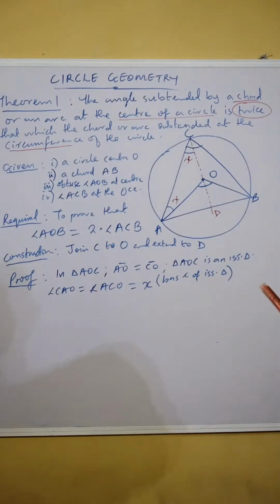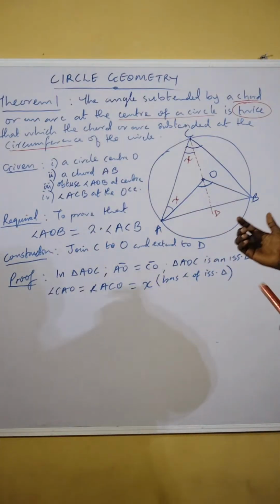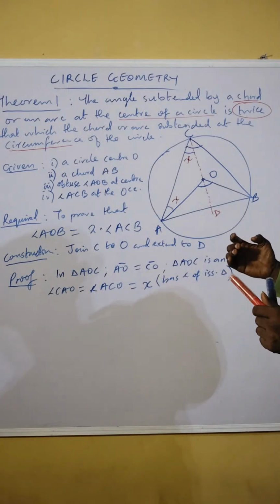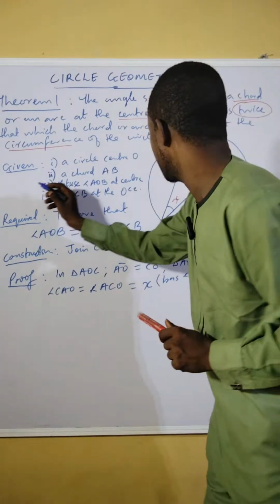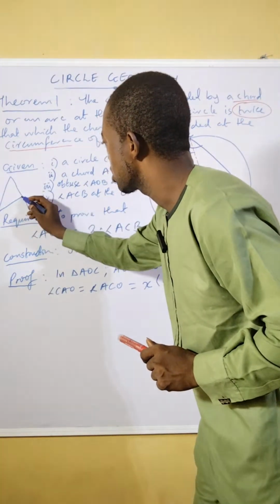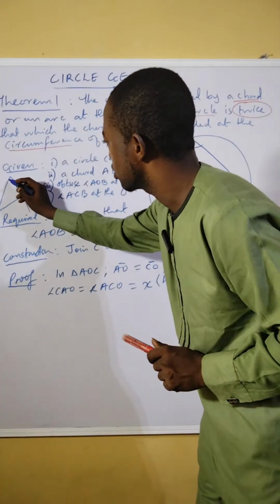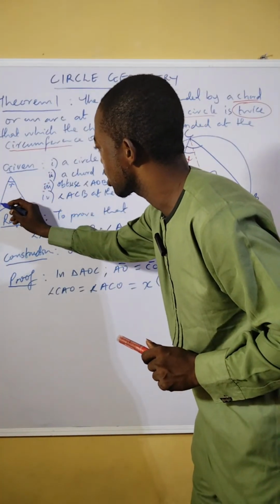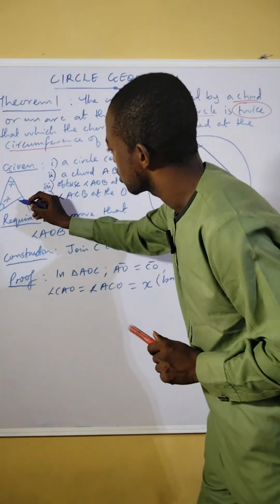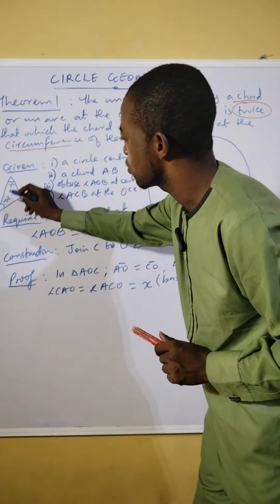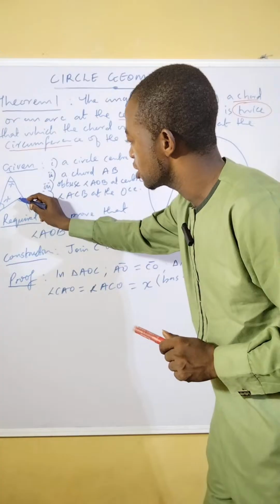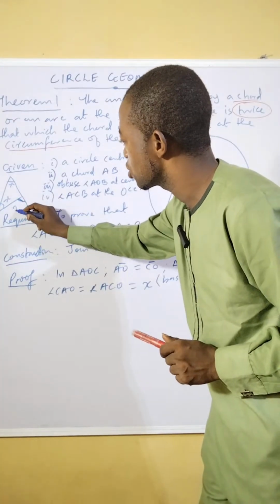Okay, now what next? We also have this triangle extended. When the triangle is extended, like let's say we have this triangle, the way we have it here, we have this side extended like this, and you know, this is X here, this is X here, and the exterior angle here of any triangle is the sum of the two opposite interior angles. So that means here this angle will be x plus x, which is 2x.